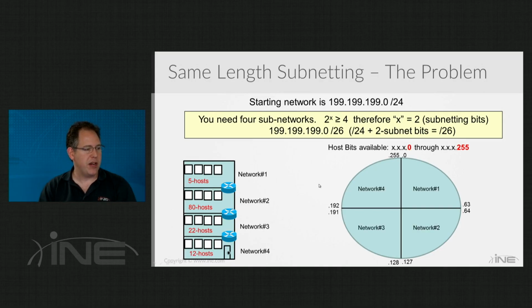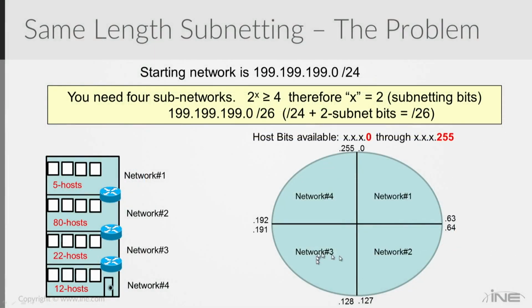Network 1, 2, 3, and 4. And they're all equal, right? Network 1 starts at the network address of .0 and ends at broadcast address .63. Network 2 begins at address 64, ends at broadcast address .127. Network 3 begins at network address 128, broadcast address 191, and then the remaining host space is network number 4.